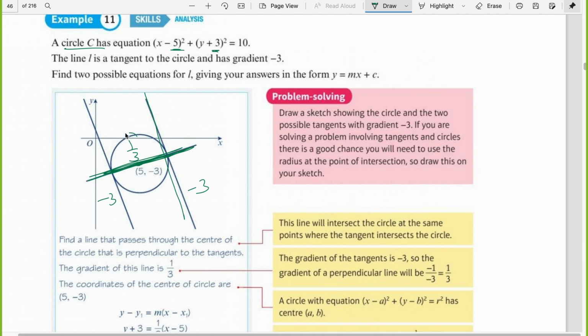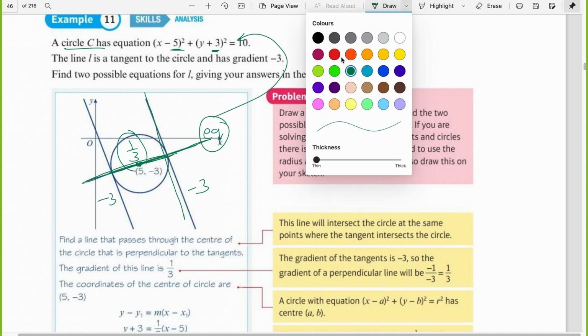So we use this gradient, we use this center point, and I can get the equation of this diameter. Any ambiguity till now at this point? Once we have this equation, just plug it into the equation of the circle to get the 2 points of intersection.